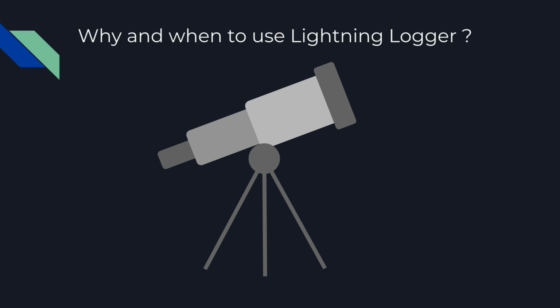Core purpose of Lightning Logger is to enable observability to your custom components. Let's consider that you have developed an awesome custom component and enabled it for the desktop as well as mobile experience. Now you would like to identify what percentage of users are using it on desktop and on mobile.